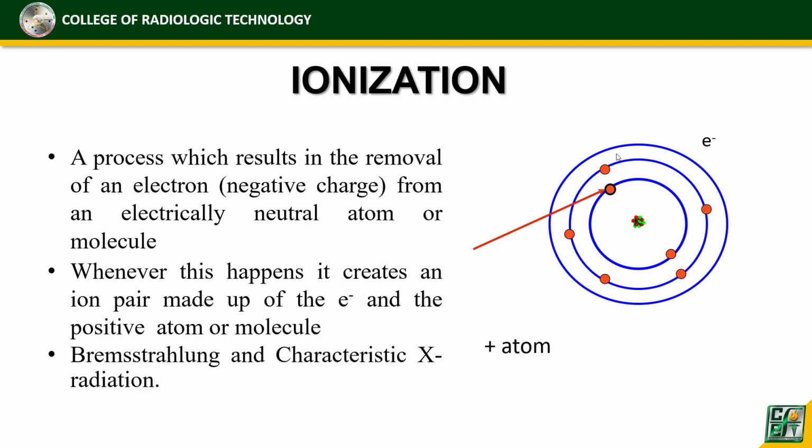And that energy is the characteristic radiation. So maaaring sa isang interaction ng projectile electron doon sa K-shell electron, maaaring magkaroon ng higit sa isa o dalawang characteristic radiation.